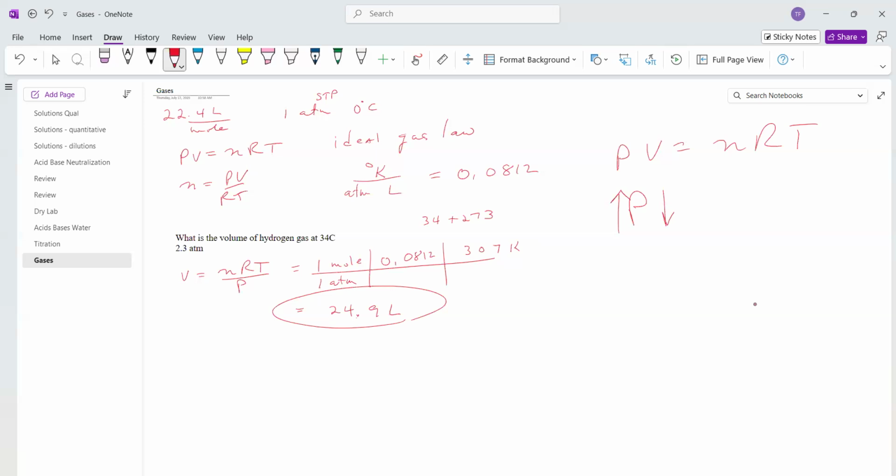Okay, so volume must go down to maintain the constant nRT. So pressure and volume are indirectly related. Volume goes up, pressure's got to go down. So this is an indirect relationship.